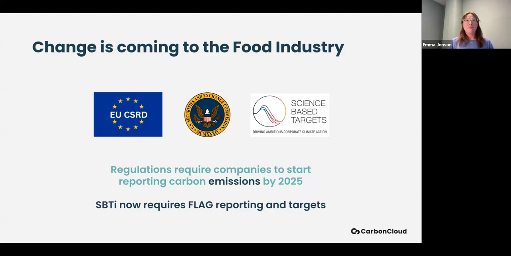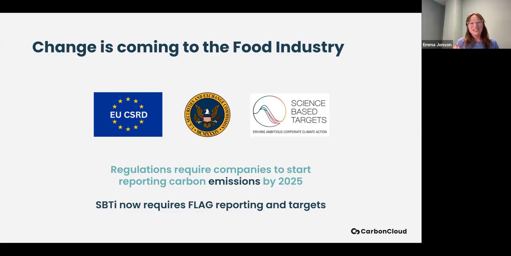But for food companies, it can be specifically hard because food companies tend to have a very large share of the value chain emissions coming from scope 3, so outside the own operations of the company. And it's the same for the US.